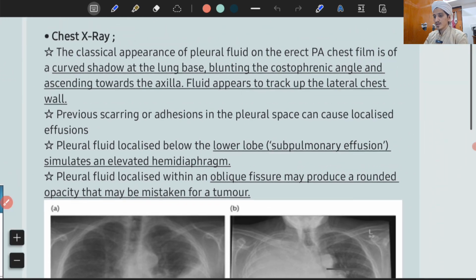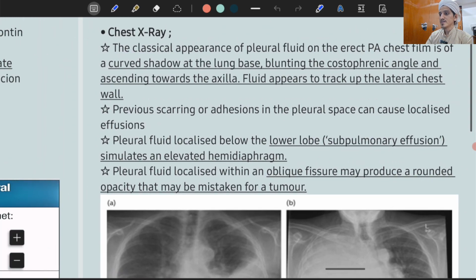Whenever there is pleural effusion, the classical appearance of pleural fluid on an erect PA chest film is a curved shadow at the lung base, blunting the costophrenic angle and ascending towards the axilla. Fluid appears to track up the lateral chest wall. Previous scarring or adhesion in the pleural space can cause localized effusions.